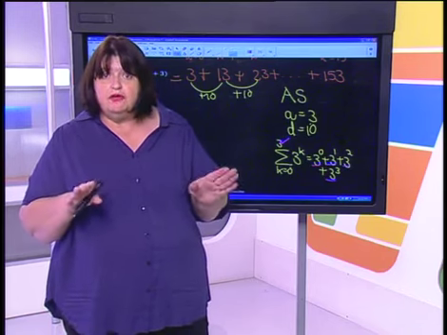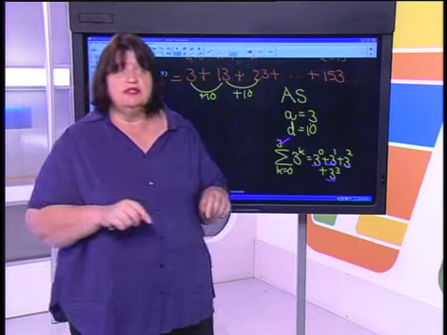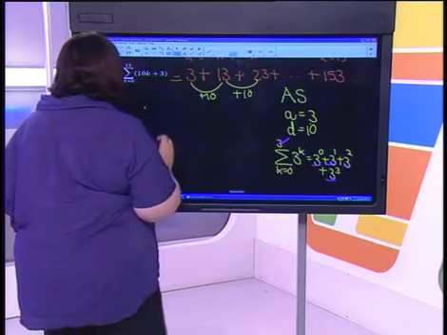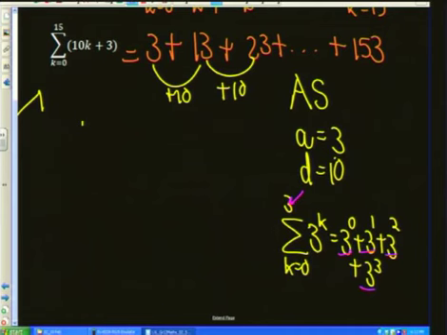Now, a good rule of thumb that you can always use to get yourself out of trouble is the following. You can always say, take the top number, subtract the bottom number, and add 1. So if I do that, I've got 15 minus 0, which is 15, plus 1 is 16. So I know that my n would be 16. Let's just check it on this one. Does it work?